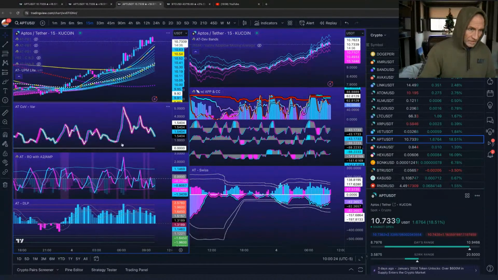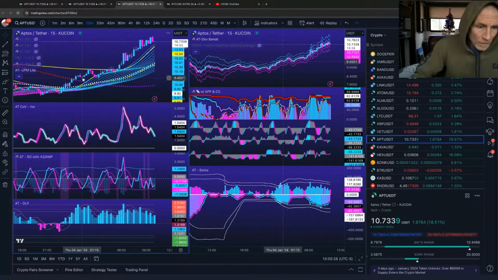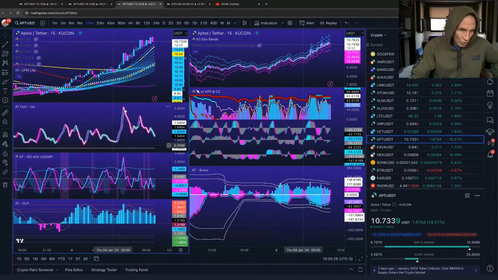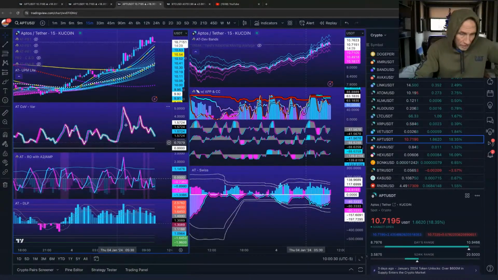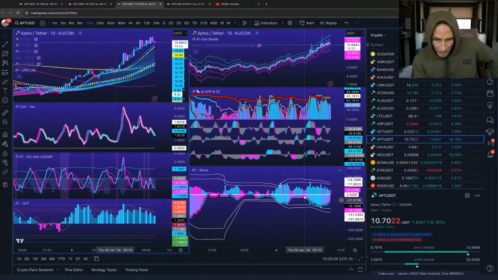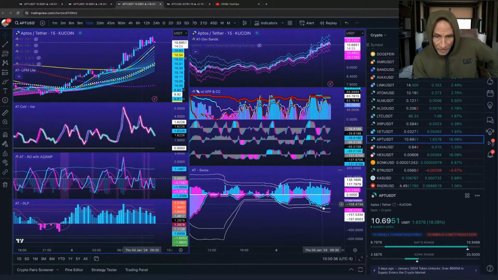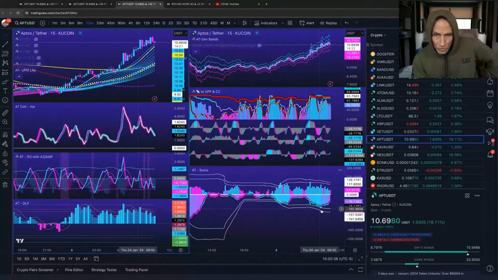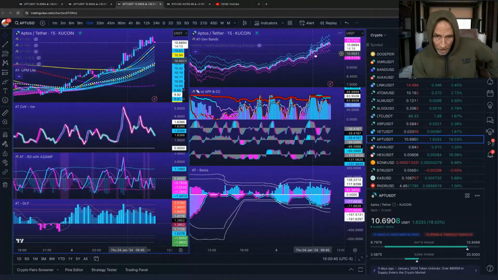Ooh, there's a nice big one right there. Several little outliers. There was the big one right there, though, right? Yeah, lots of different areas of trend on the 15. So that would have kept you out of this little shakeout here. Would have kept you in.